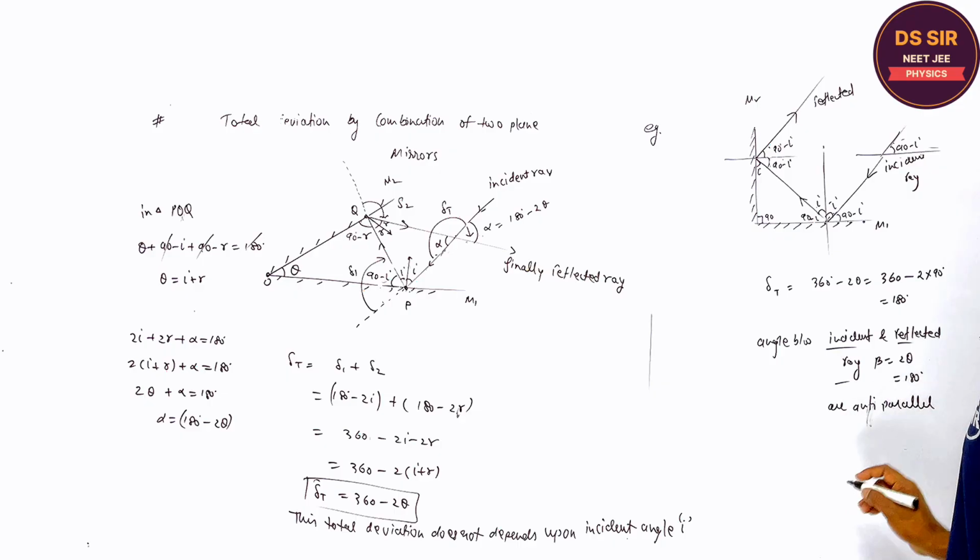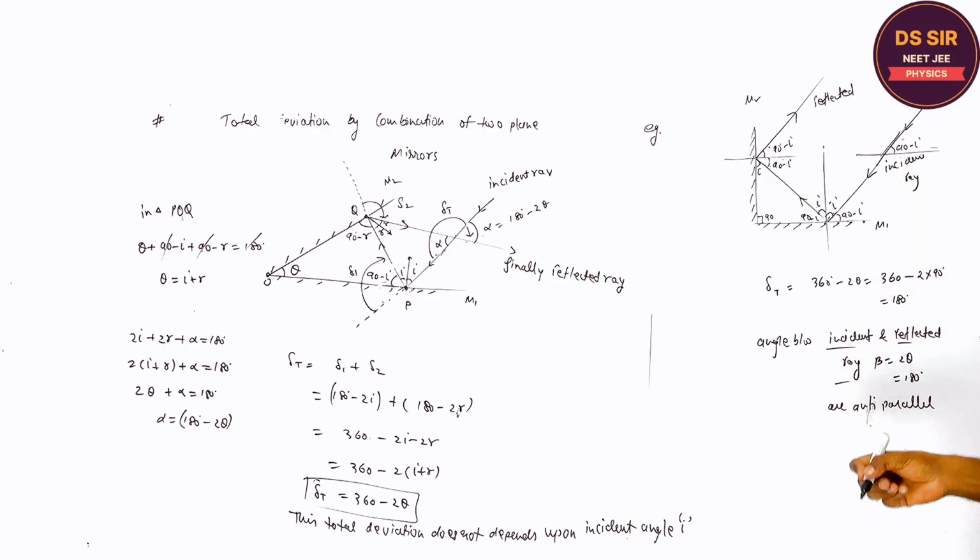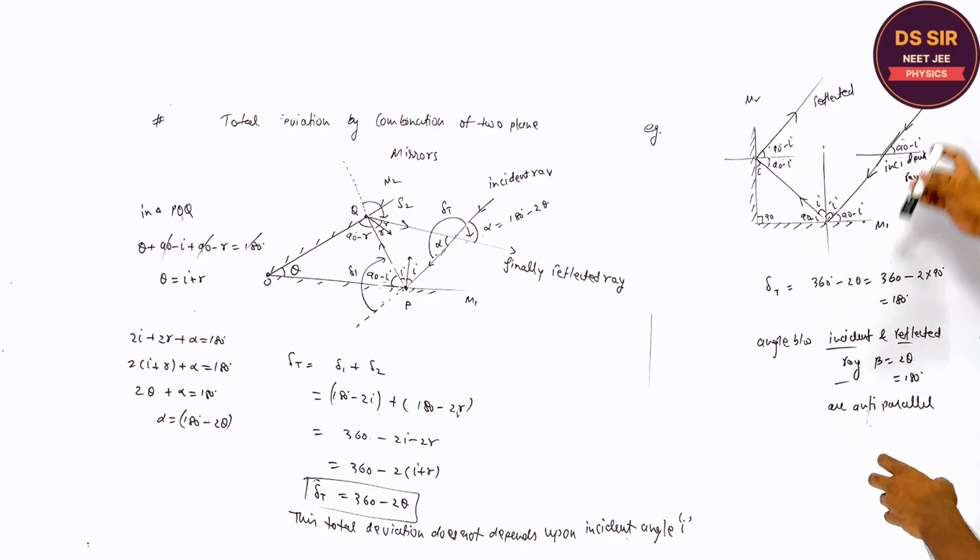What does it mean? It means that in whichever direction the light is coming, after reflection twice the light goes back in the same direction from where it came.